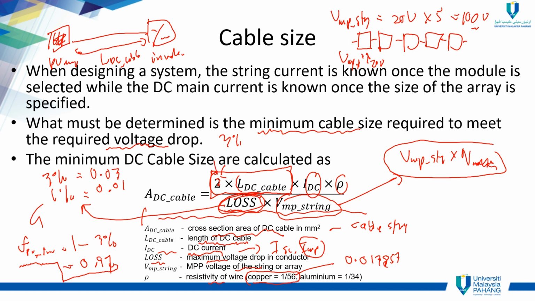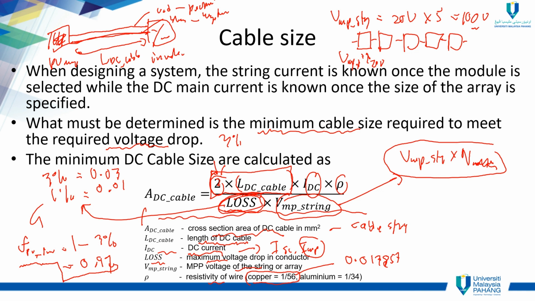The meaning of the 2 is because we have two cables. Like highway lah, highway. One is the black and one is the red, ataupun one is the positive cable, another one is negative cable, because we have two cables in the same distance.